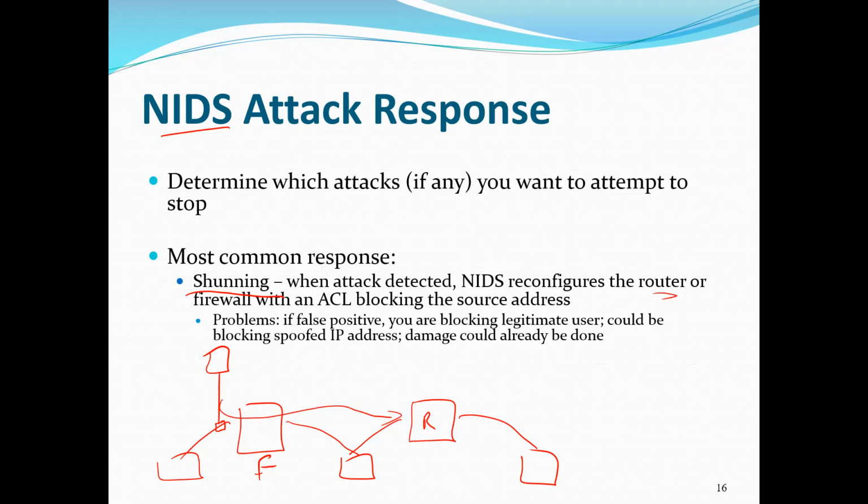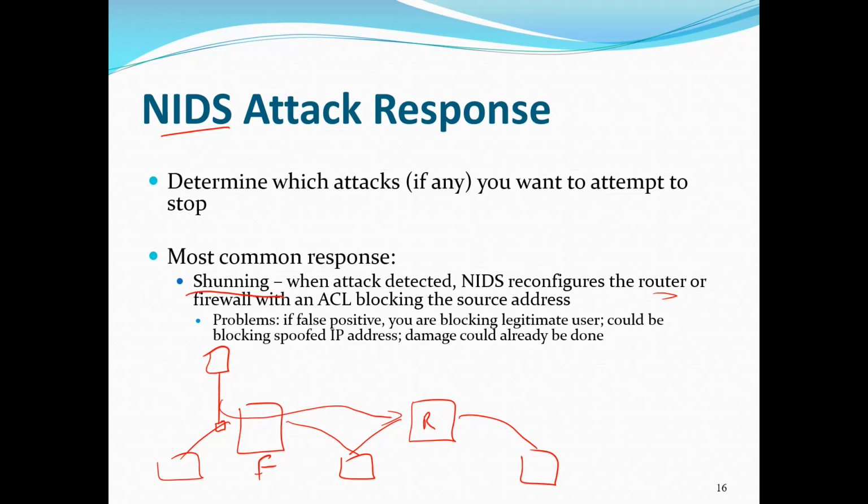Now, the problems are, first of all, if it was an anomaly detection system and it was a false positive, so you guessed it wrong, then you're actually blocking a legitimate user. You could also be blocking a spoofed IP, and we'll see how people can use shunning against you. Or an IDS kind of detects after the fact.